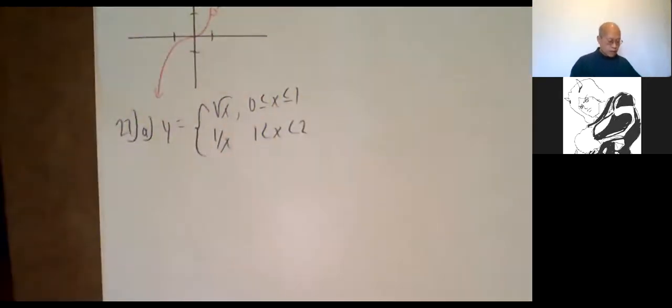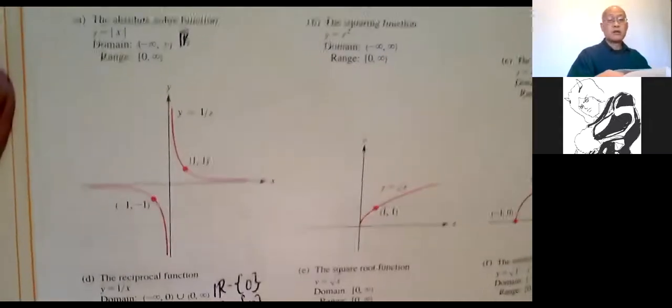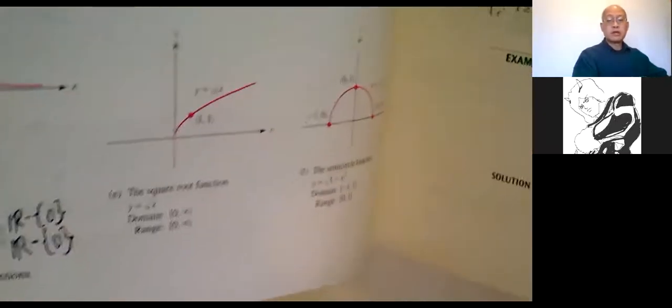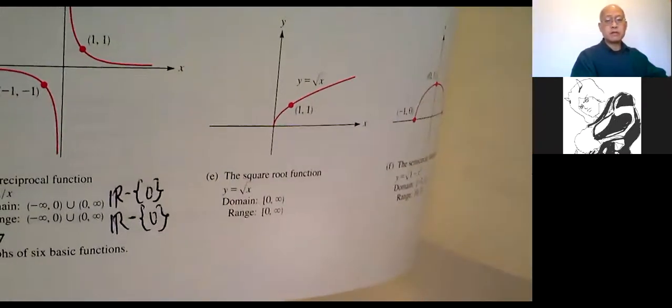Okay, so I've showed you the square root function. 1 over x, you might recall, looks like this. Okay. So this one is 1 over x. This one over here touches 1, 1. There's the square root function, which also touches 1, 1.